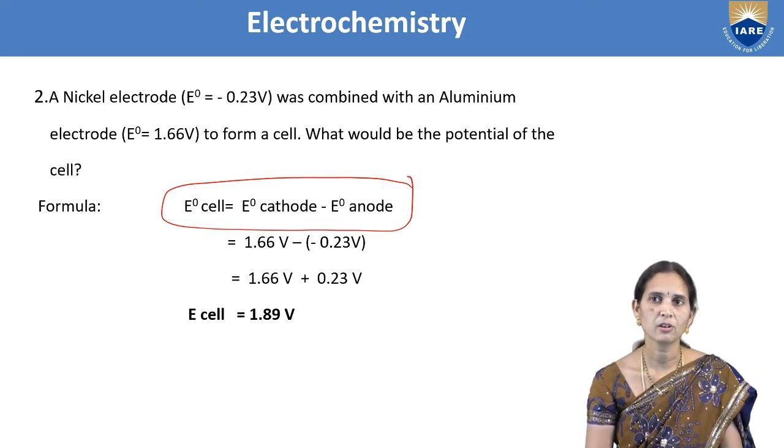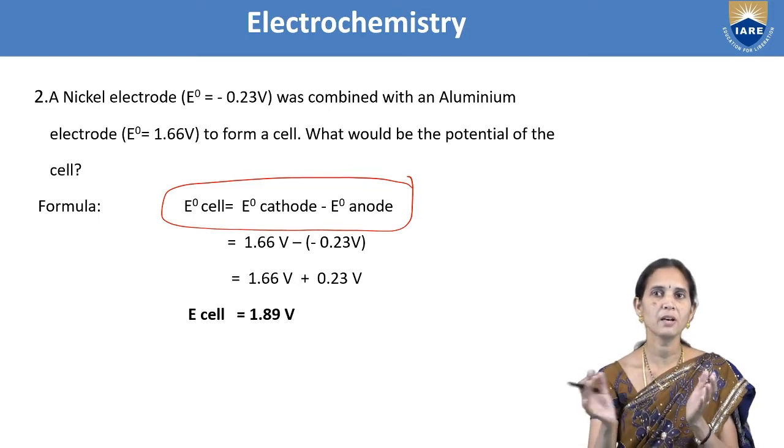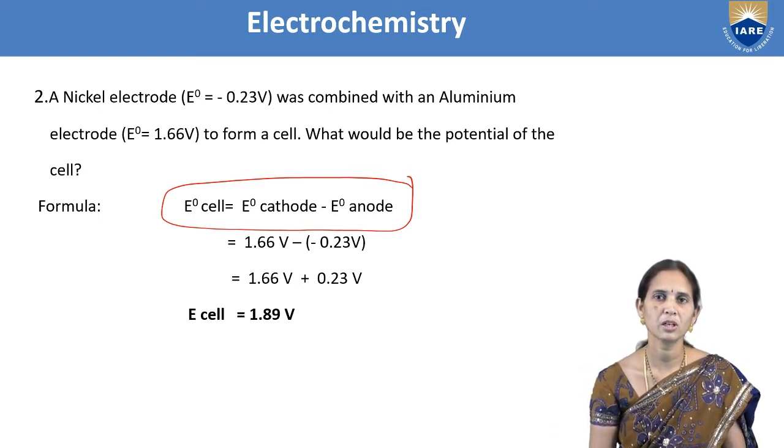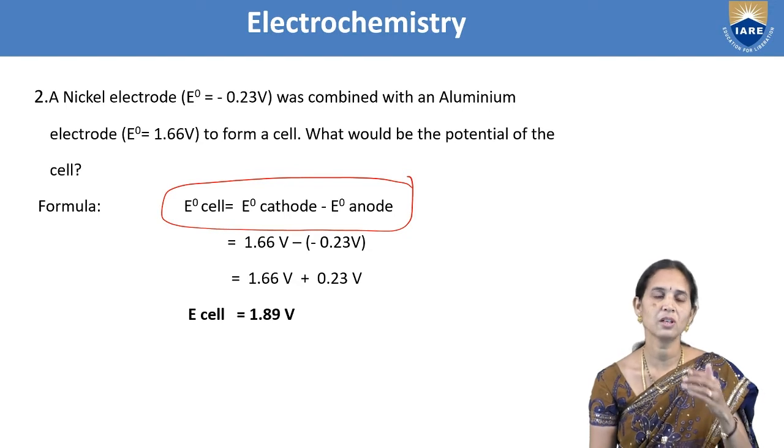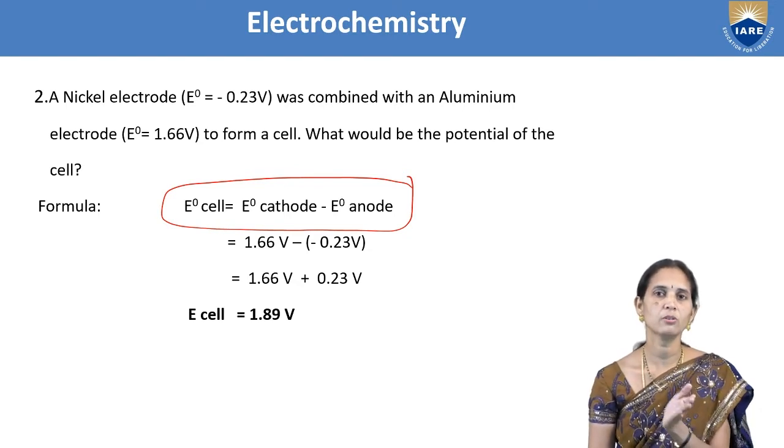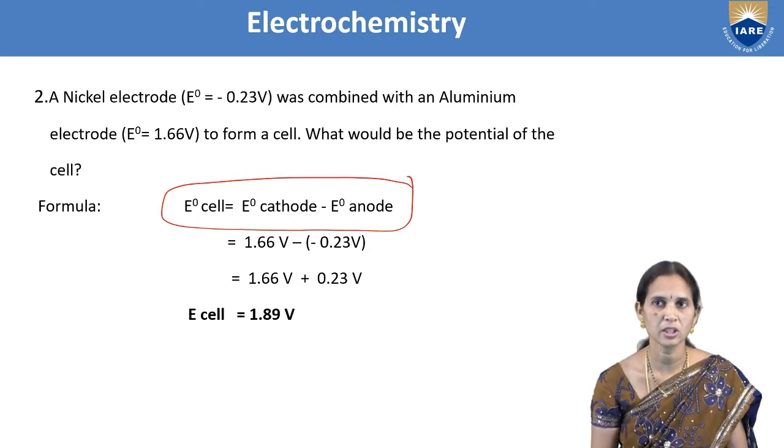To find E0 cell, we must decide which electrode acts as the cathode, so compare the nickel electrode and the aluminum electrode and see the values. The electrode with the positive potential will act as the cathode, and the electrode with the negative potential will act as the anode.